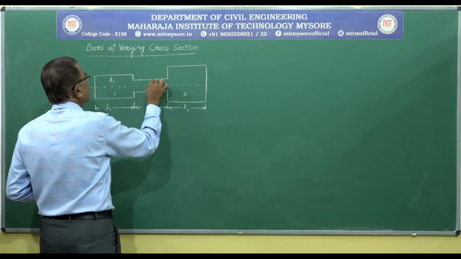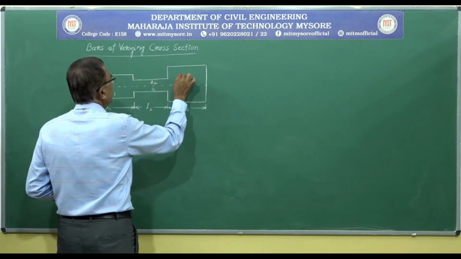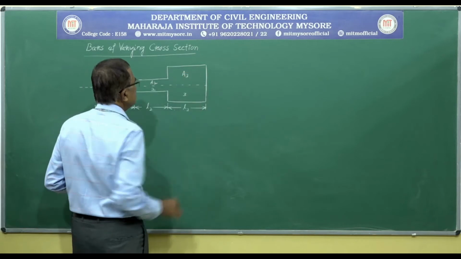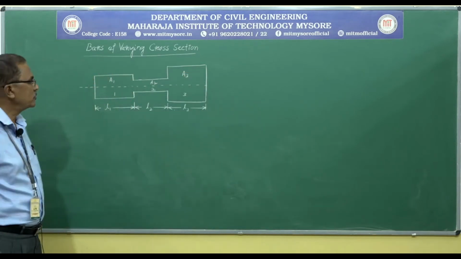Let A1 be the cross sectional area, and A2 and A3 be the cross sectional areas of the second and third portions.